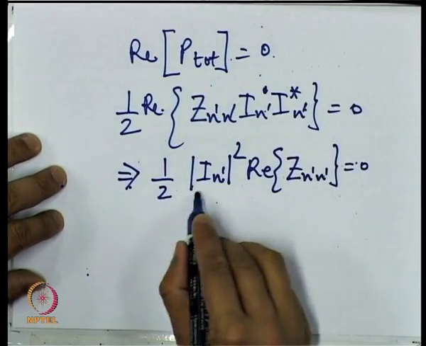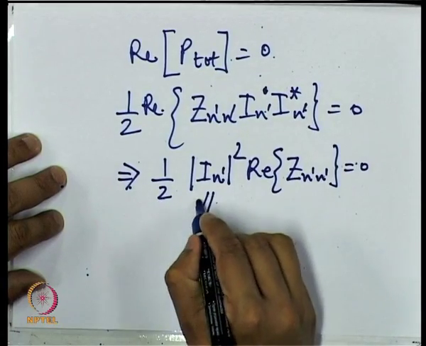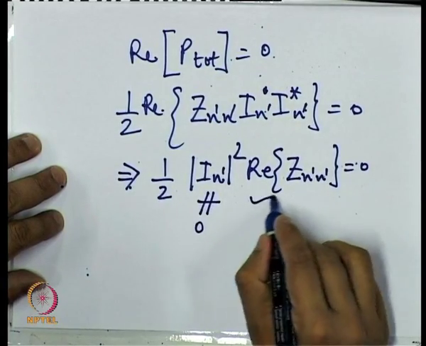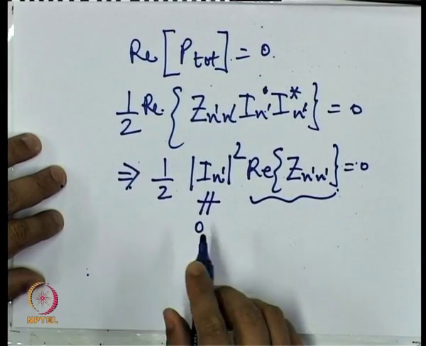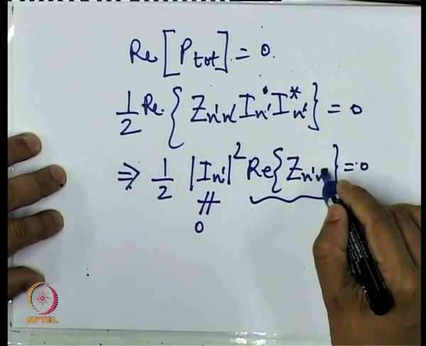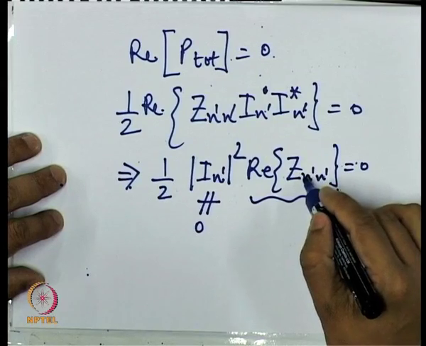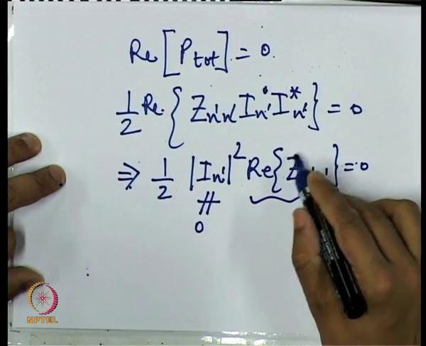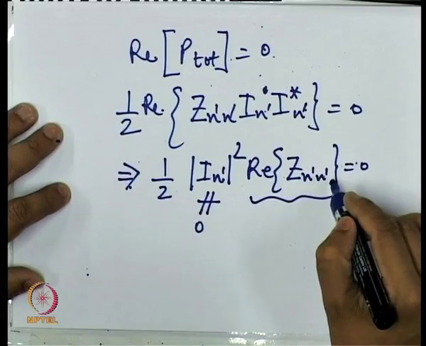Now since I N dash is non-zero, only this thing should be 0. Now look, this N dash can be any value. Here this element is a diagonal element, Z N dash N dash.